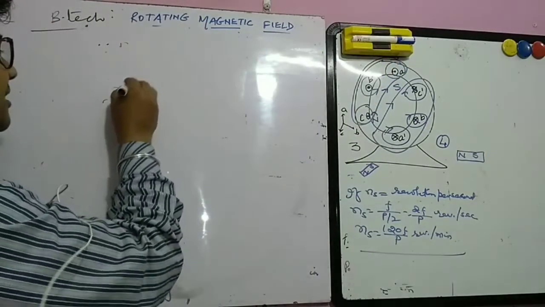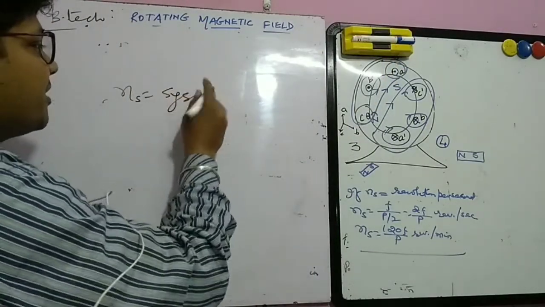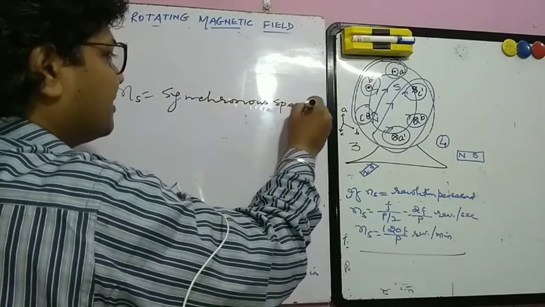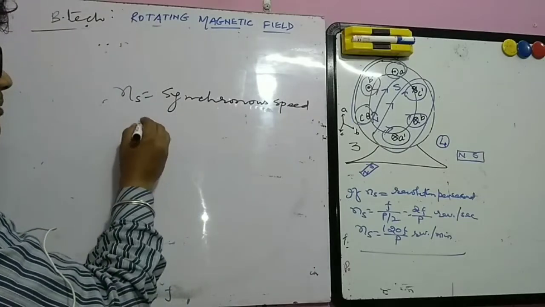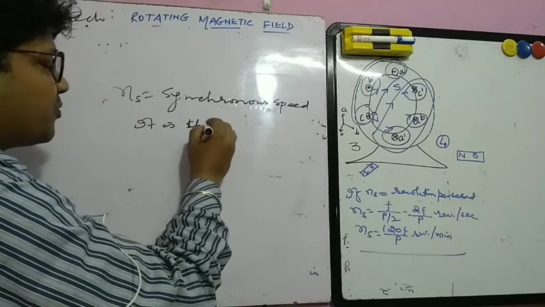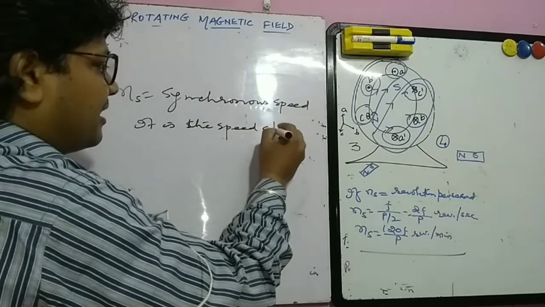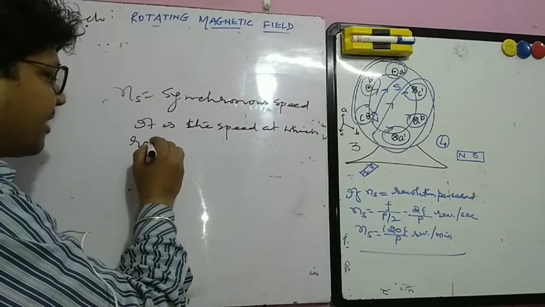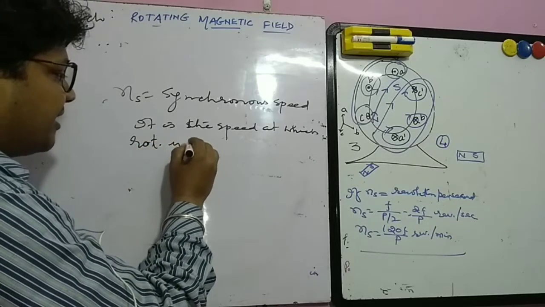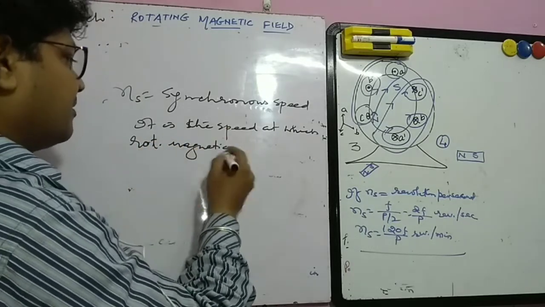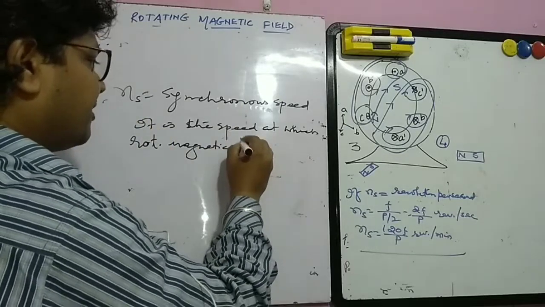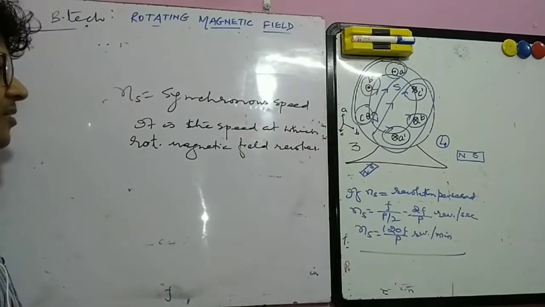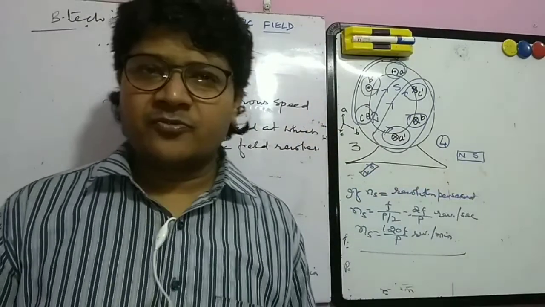So ns is called synchronous speed. It is the speed at which the rotating or revolving magnetic field revolves, or the revolving magnetic field rotates, whatever you want to say.